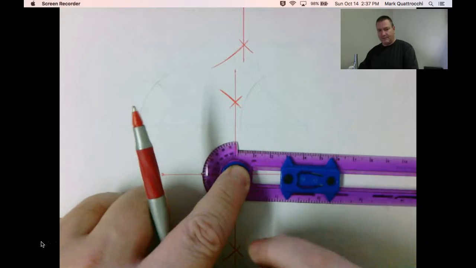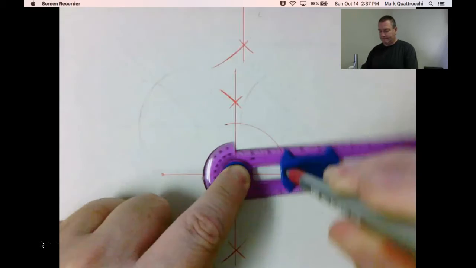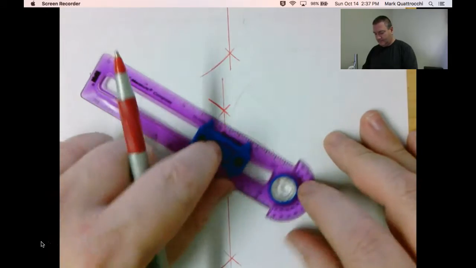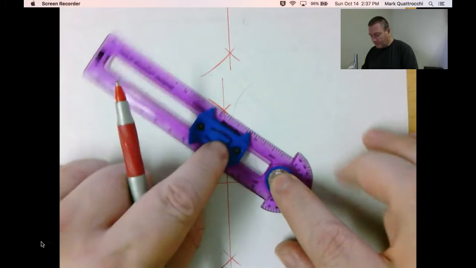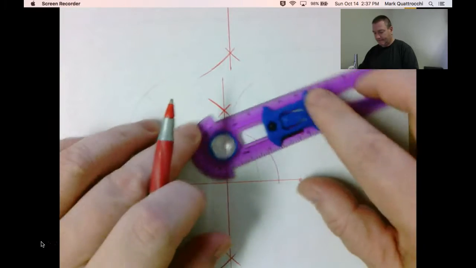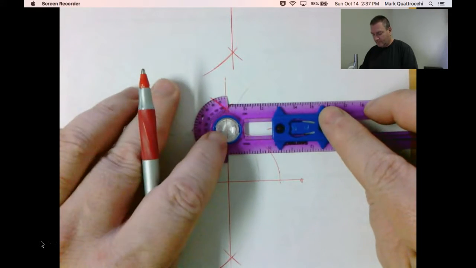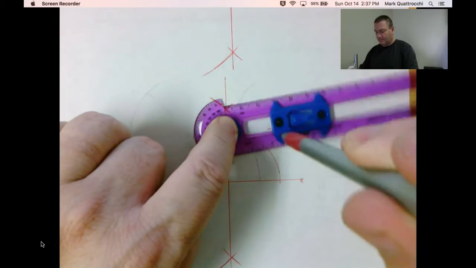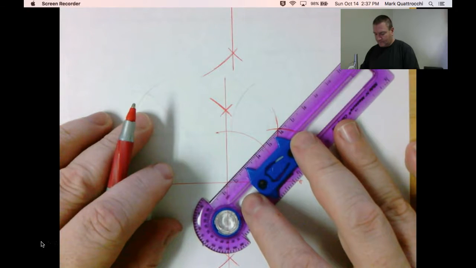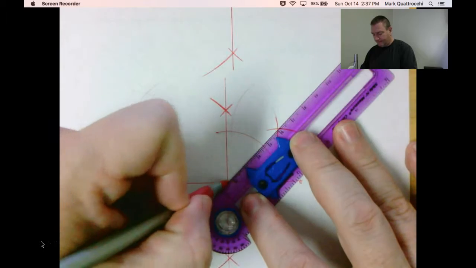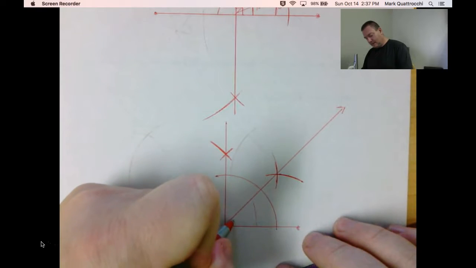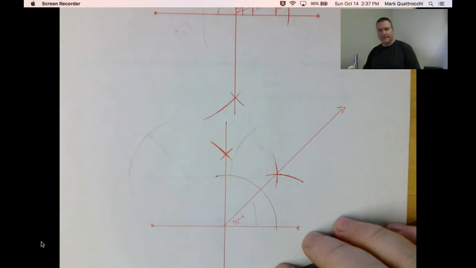My goal is to get 105 degrees. So this is 45 degrees here.